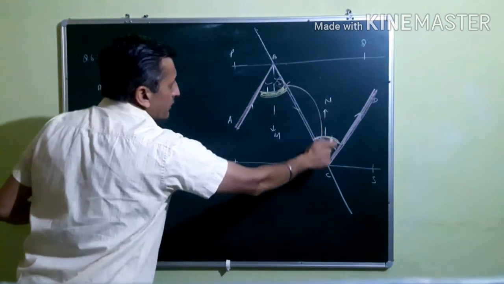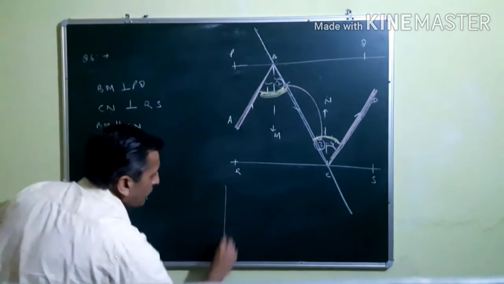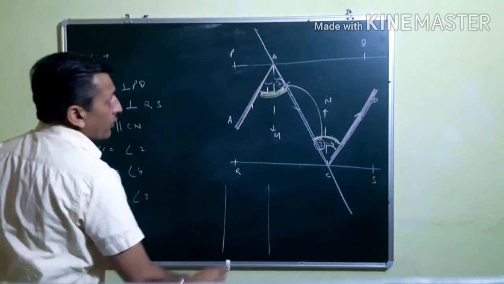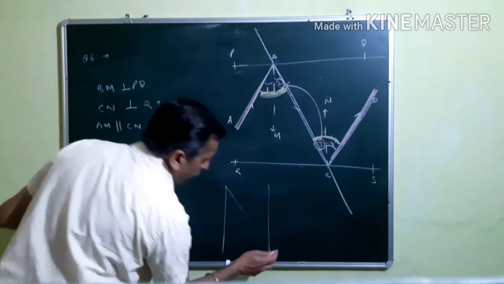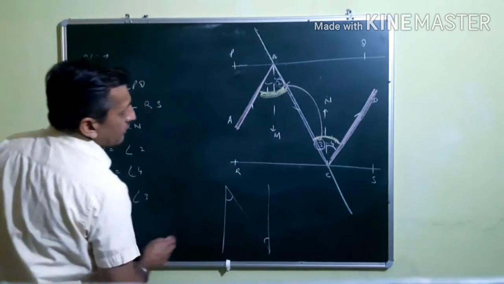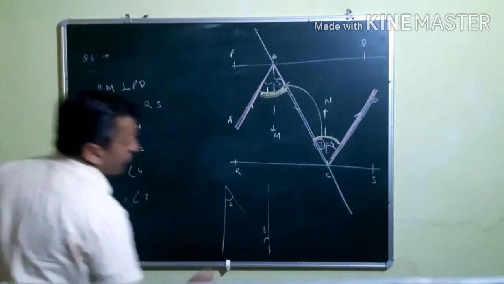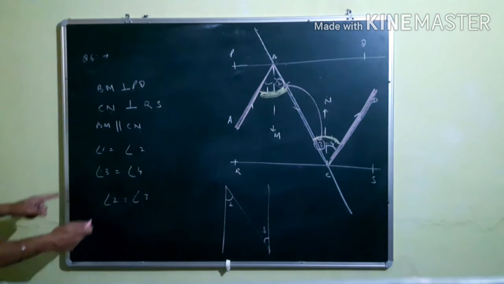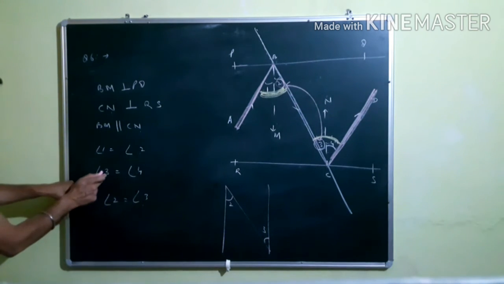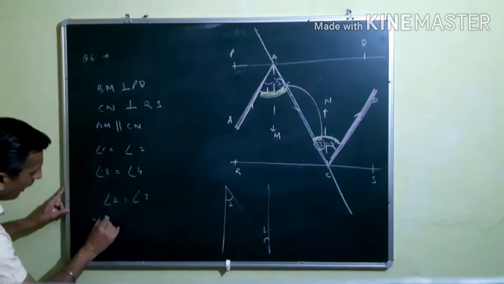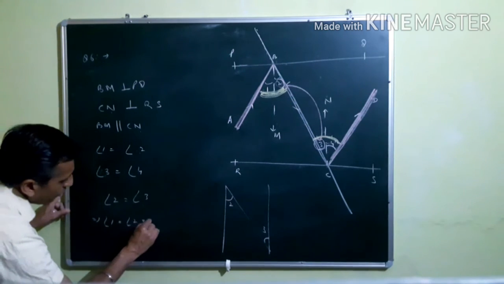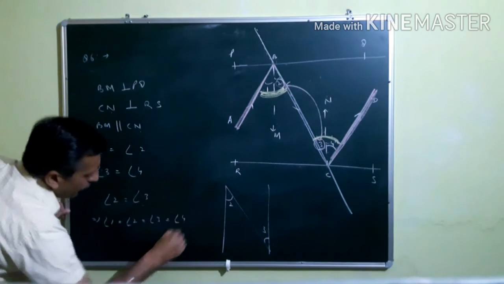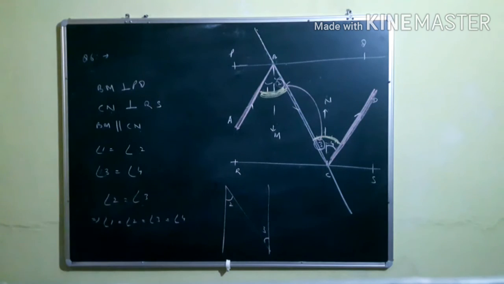So angle 2 and 3 are equal. That gives us angle 1 is equal to angle 2, is equal to angle 3, is equal to angle 4. In this case, all the angles are equal.